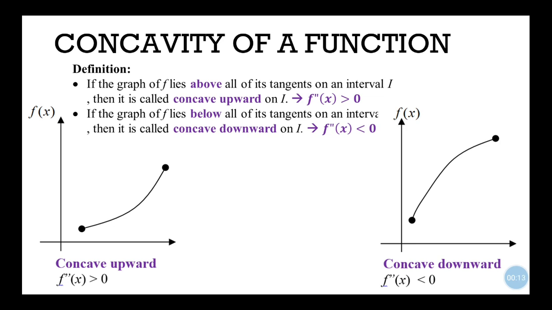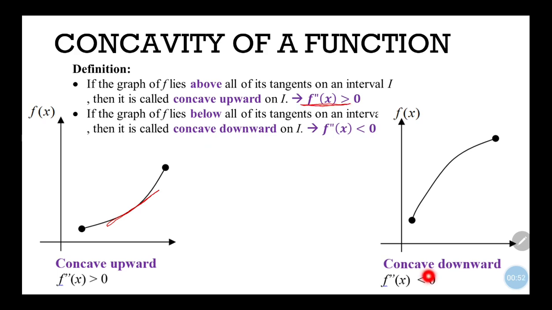Now we're going to learn about the concavity of a function. If the graph of f lies above all of its tangents, then it is called concave upward. Mathematically, you can determine whether the function is concave upward or concave downward by differentiating the function two times.